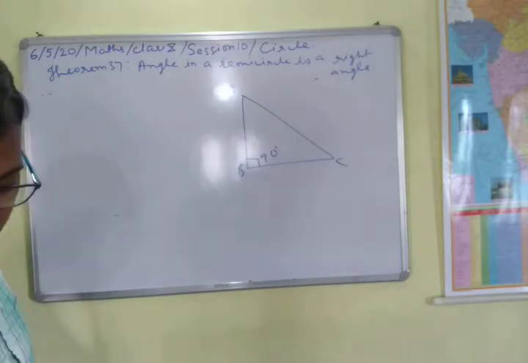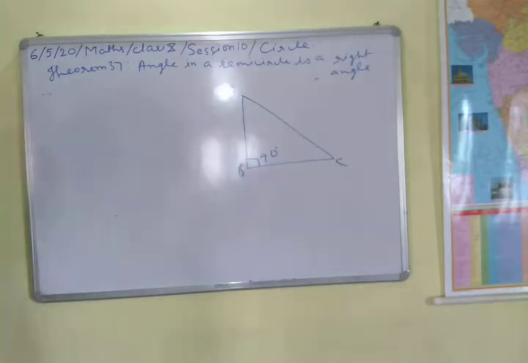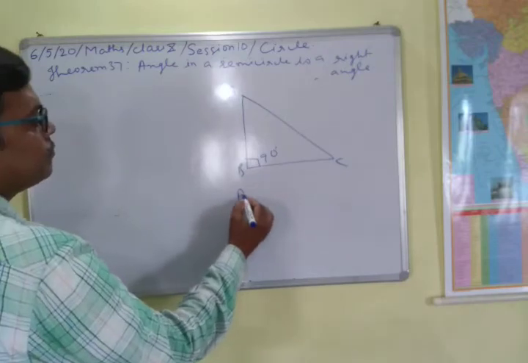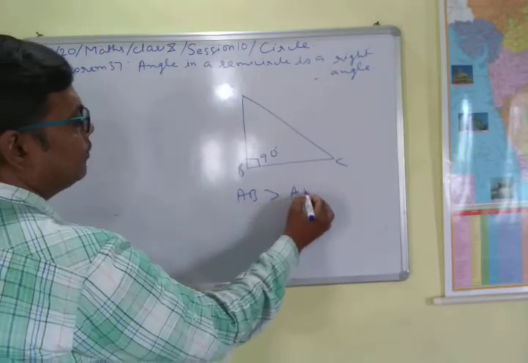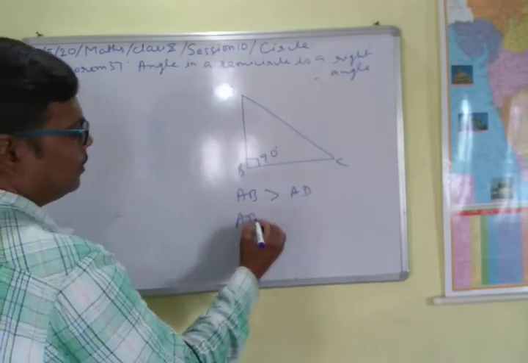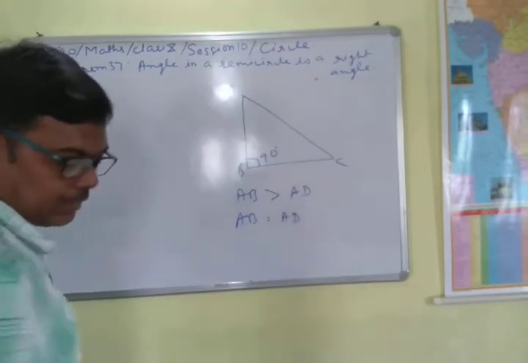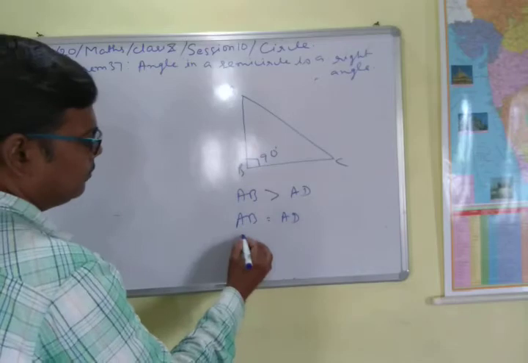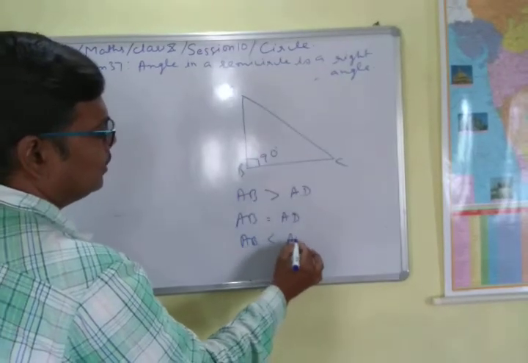Then you are given three statements: whether AB is greater than AD, or AB equals AD, or AB is less than AD.